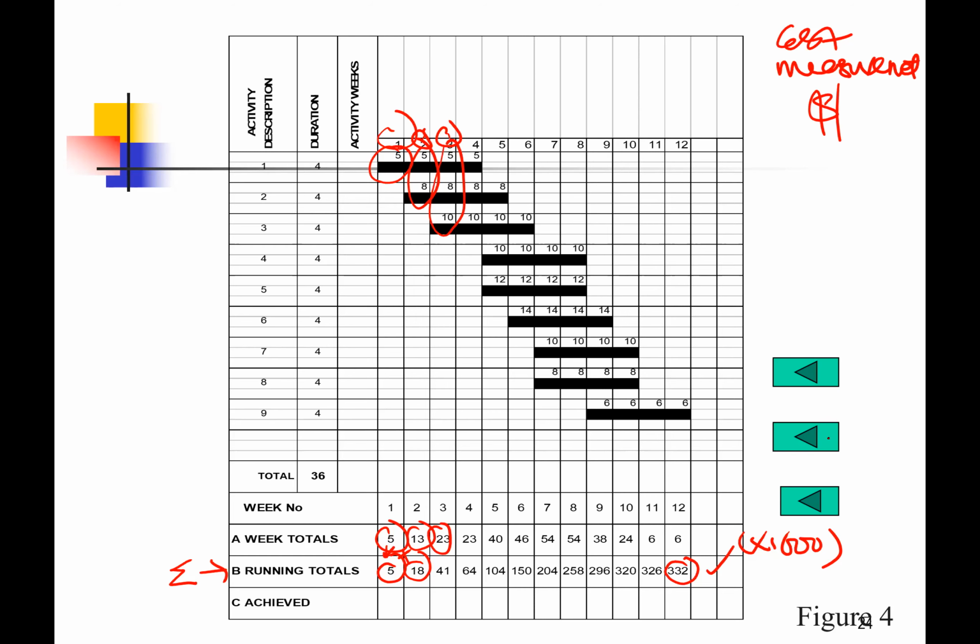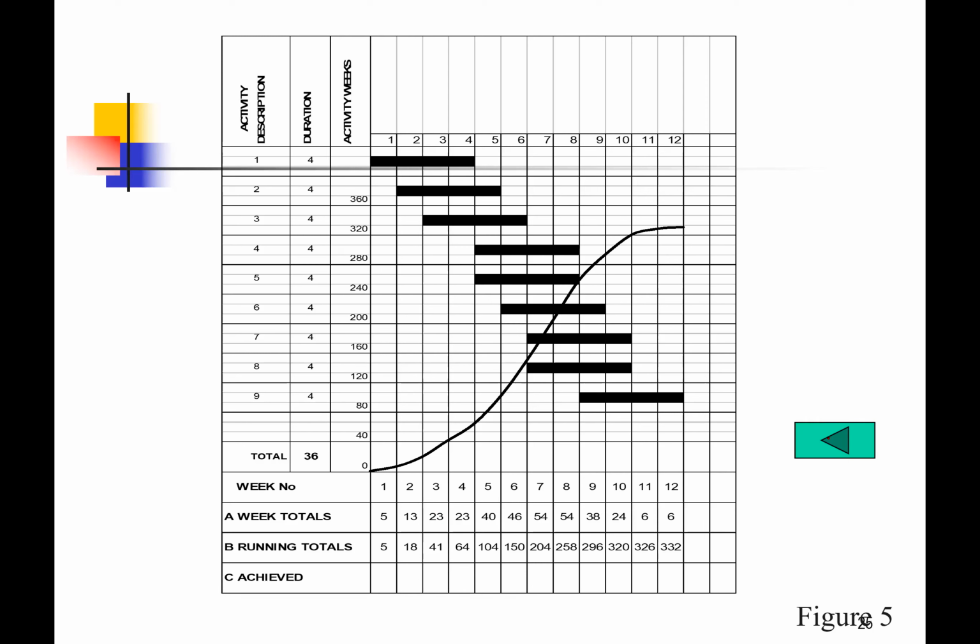Based on that, you can plot the S curve. So this is 332K. Similarly, every point here reflects this value: 5K, this is 18 here, 41, 64 here, 104 here, etc. Using these values, you can always convert that into percentage.